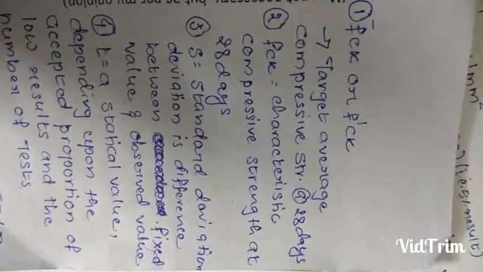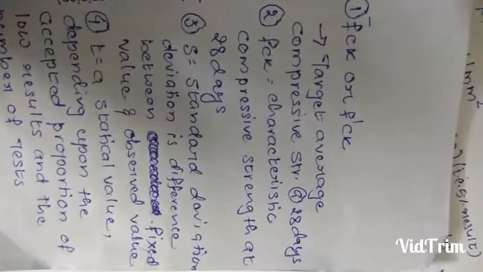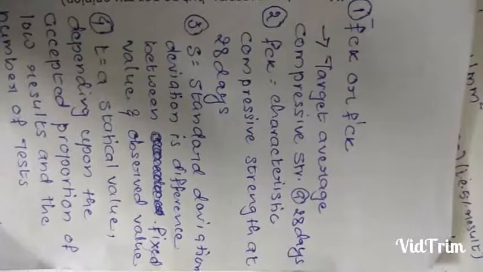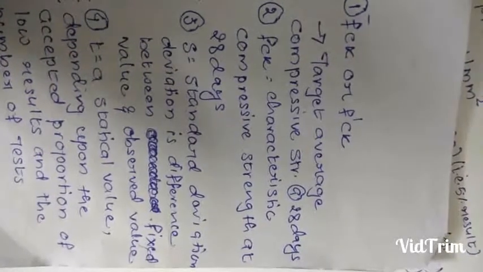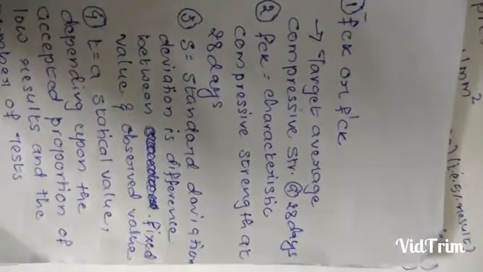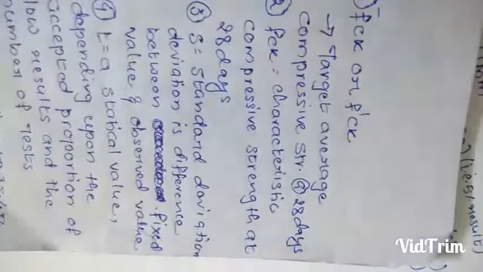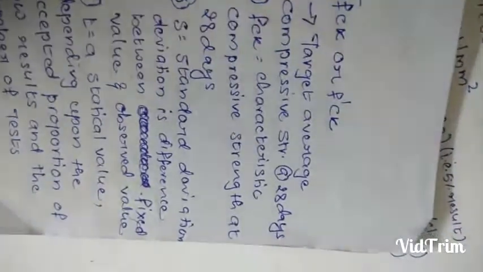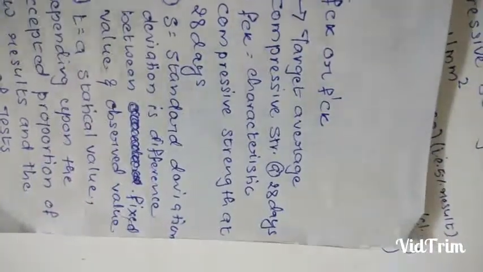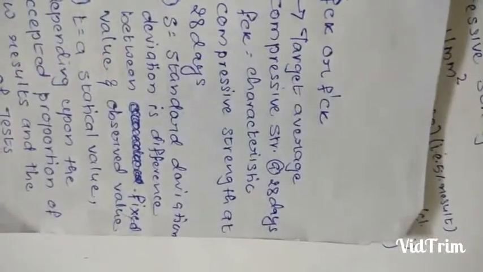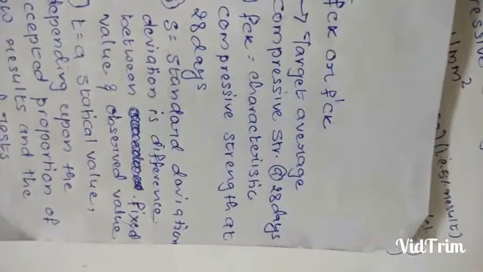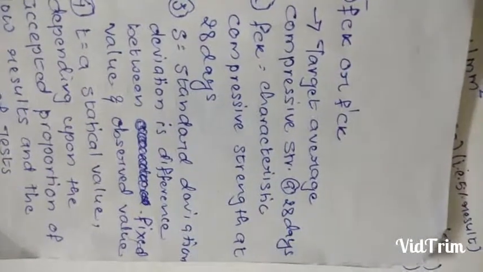The word deviation means the difference between the fixed value and the observed value, right? Whatever the fixed value is, we consider the observed value, suppose you are getting more than 20 Newton per millimeter square or lower than 20 Newton per millimeter square.